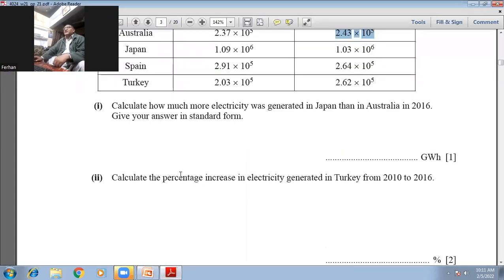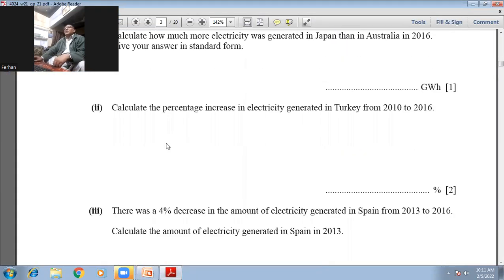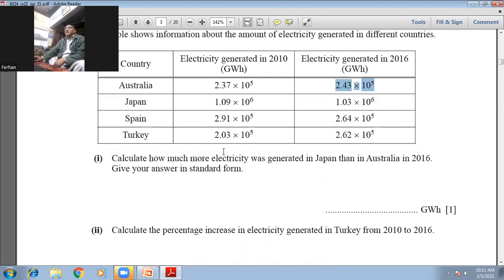And the next part is, calculate the percentage increase in electricity generated in Turkey from 2010 to 2016. So they are talking about Turkey. In 2016, Turkey is producing 2.62 x 10^5 gigawatt hours of electricity. In 2010, it was producing 2.03 x 10^5 gigawatt hours.